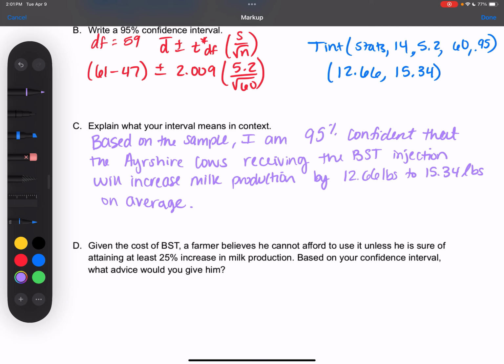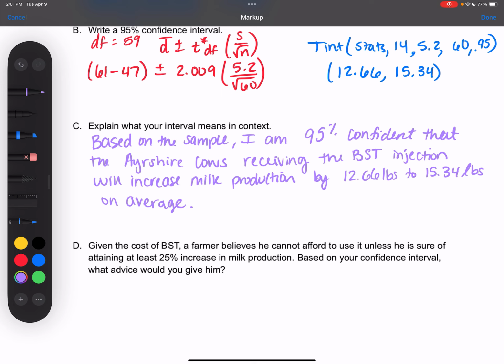So, given the cost of BST, a farmer believes he cannot afford to use it unless he is sure of attaining at least a 25% increase in milk production. Based on your confidence interval, what advice would you give him? We need to figure out what a 25% increase would be from the original amount that he started with. You started with the cow producing 47 pounds.